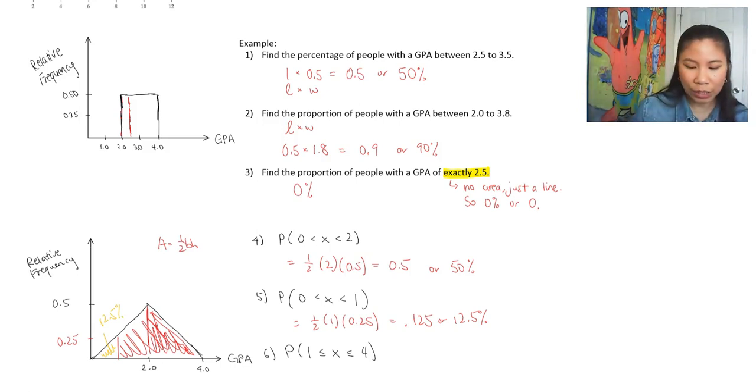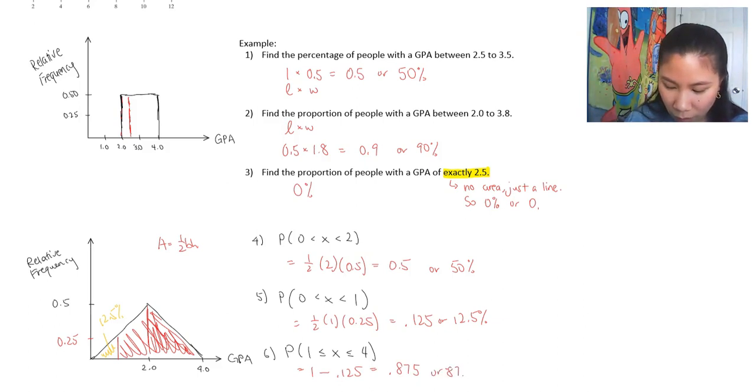So if we're basically shading the entire thing except for that 12.5%, I know the area of the whole density curve is 1. So I can just subtract out that 12.5% to get the rest of it, which will give us 0.75, which is 87.5%. So that's why knowing that the overall area is 1 is useful, because we can always subtract rather than finding areas of parts.